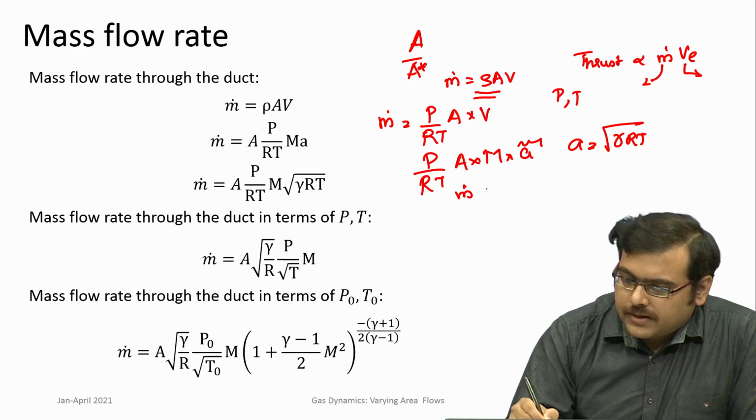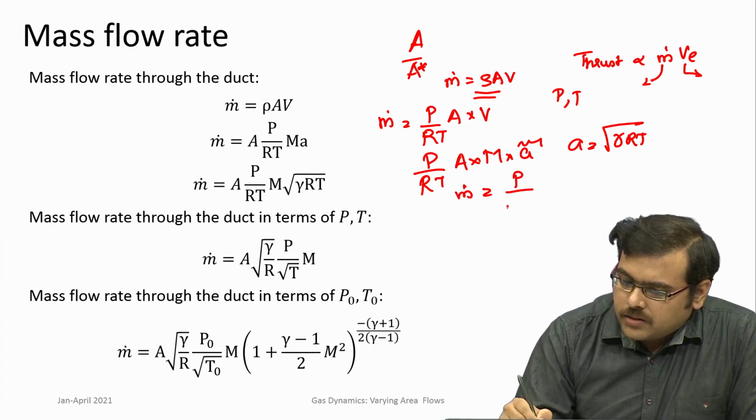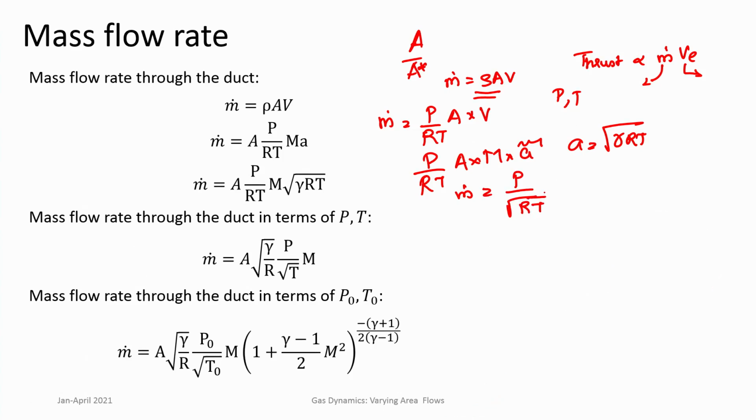So m dot is P by square root of RT multiplied by square root of gamma multiplied by A multiplied by M. So this is the equation. If you know the static pressure, temperature and Mach number at a particular location in any duct, we can find the mass flow rate.